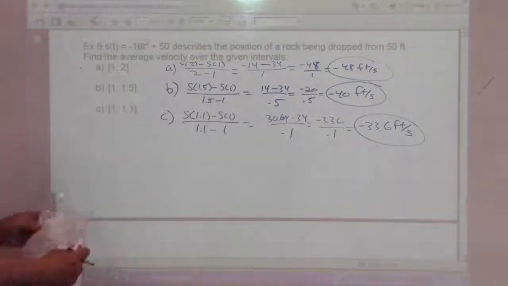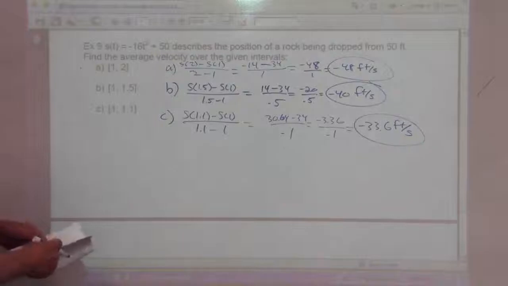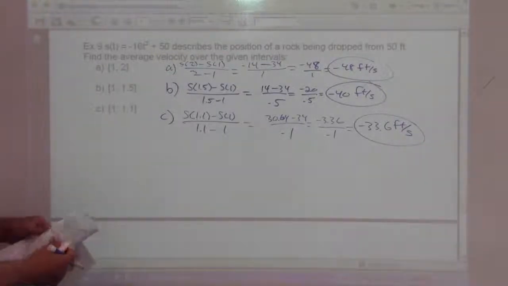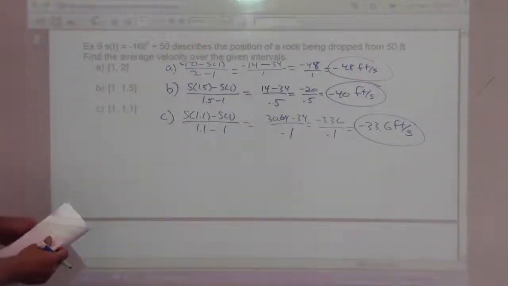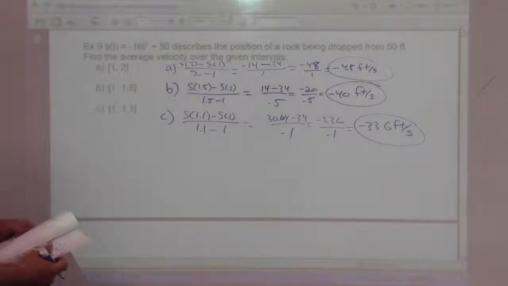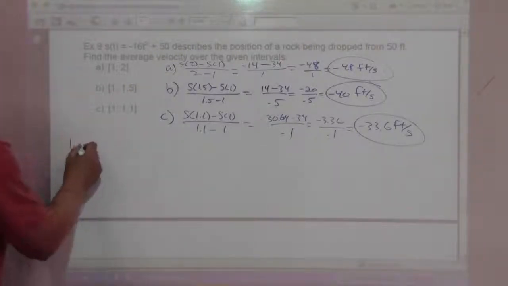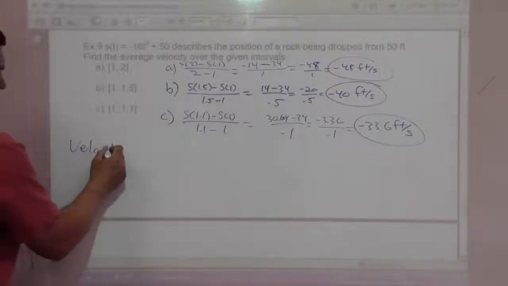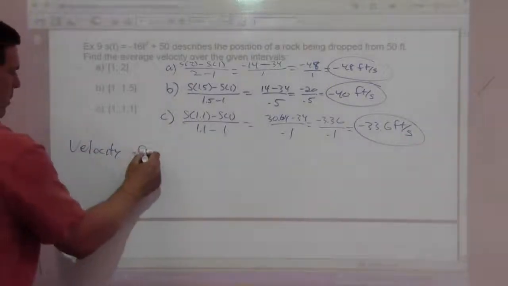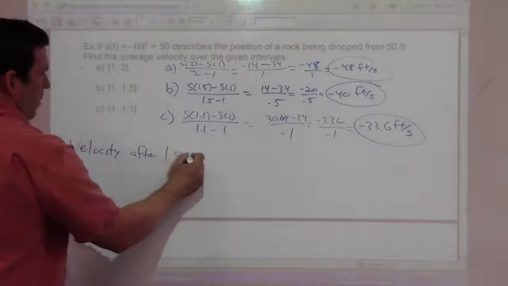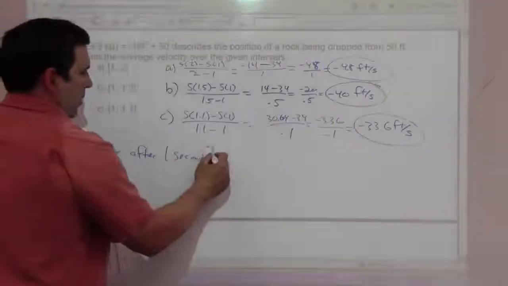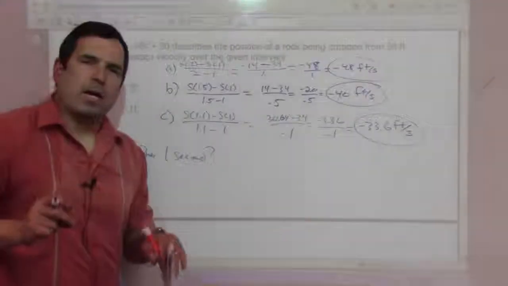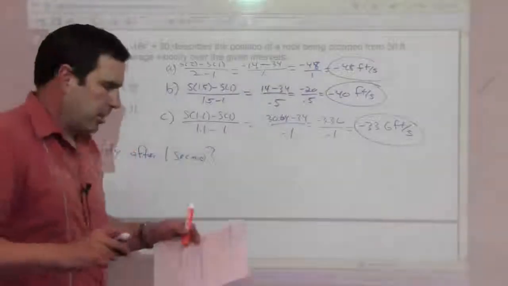So, question. This would be the average velocity over the given intervals. What do you think the velocity is after 1 second? Well, velocity is the derivative of position.